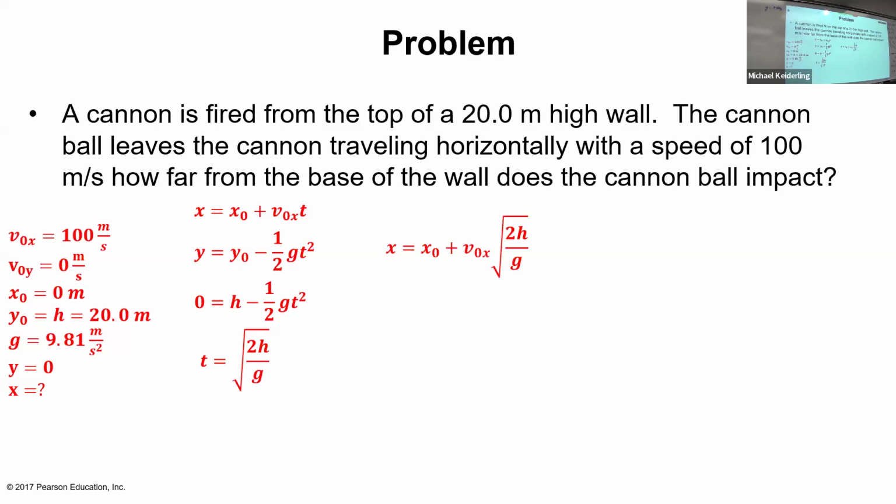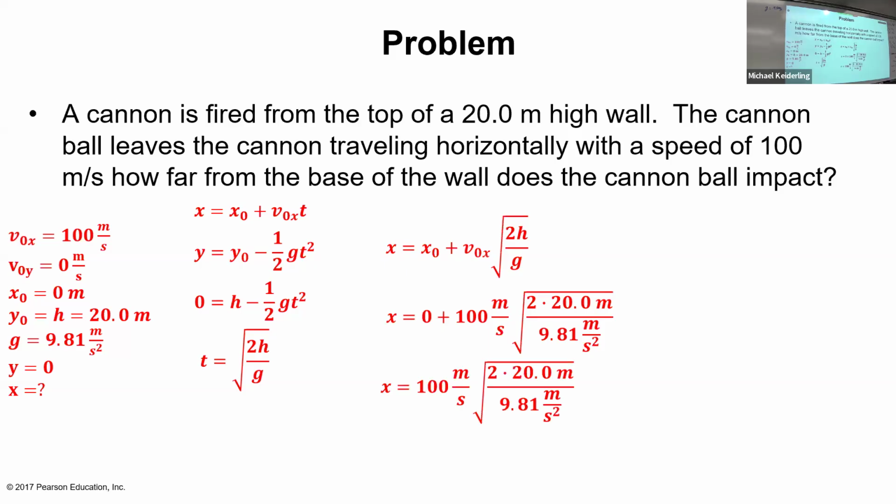So if we plug that time into our x equation, we get x equals x naught plus v naught x times the square root of 2 height over g, which is 0 plus 100 meters per second times the square root of 2 times 20 meters over 9.81 meters per second squared. We drop the 0, so it's 100 meters per second times the square root of 2 times 20 divided by 9.8, and that's 202 meters.